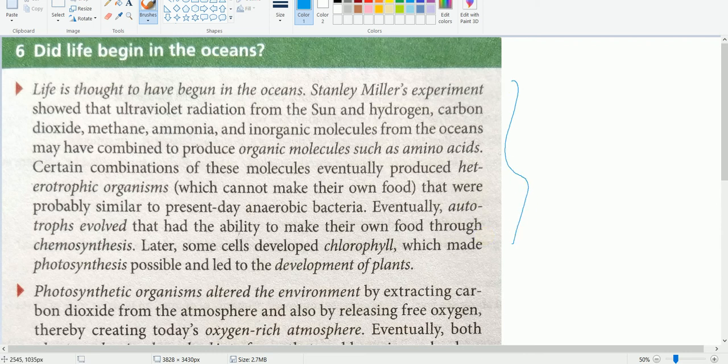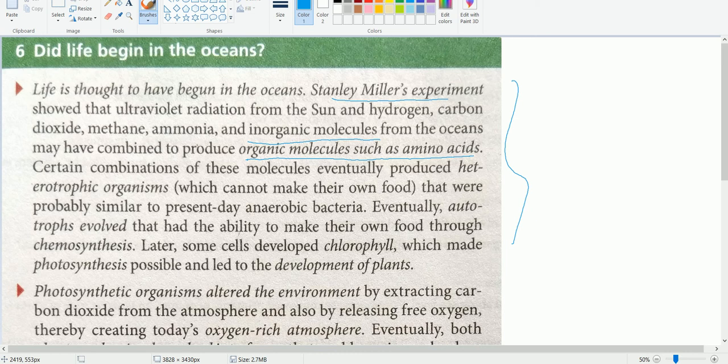Life is thought to have begun in the oceans. Stanley Miller's experiment showed that ultraviolet radiation from the sun and the hydrogen, carbon dioxide, methane, ammonia, and the inorganic molecules from the oceans may have combined to produce organic molecules such as amino acids.